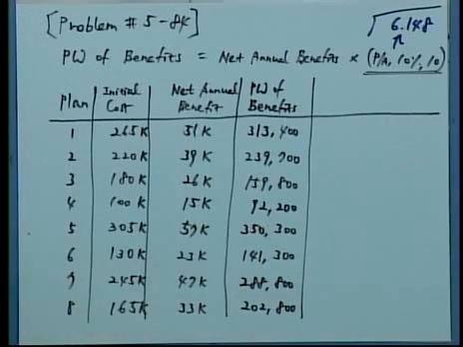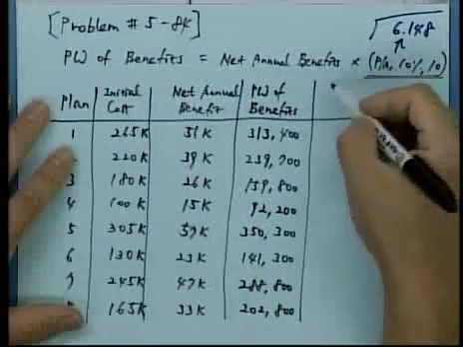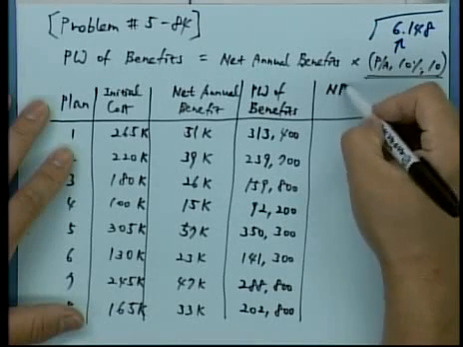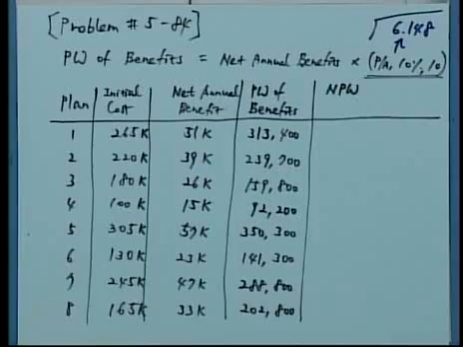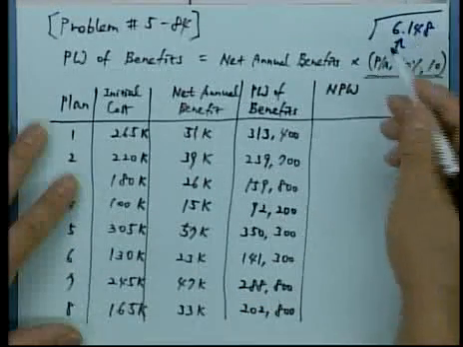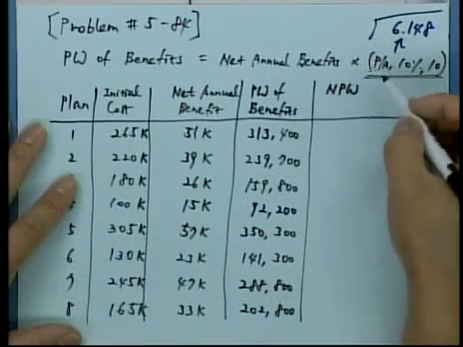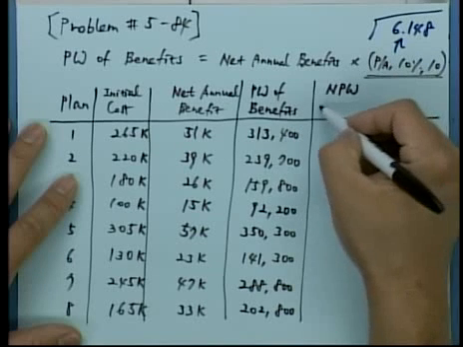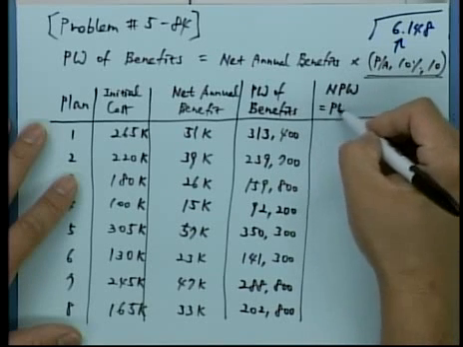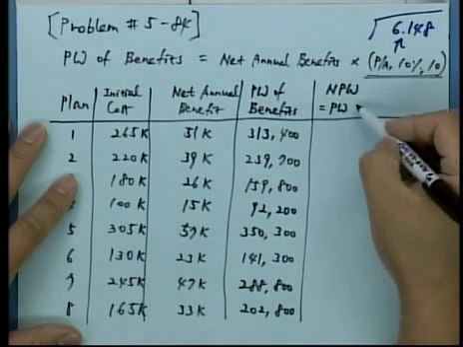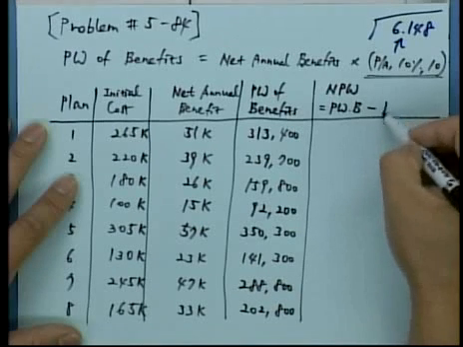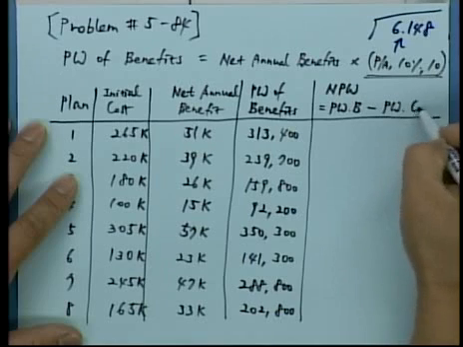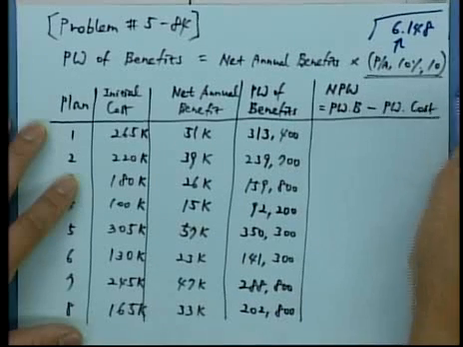And next, what you need to do is to compute net present worth. Net present worth can be computed by present worth of benefit, right, minus present worth of cost. Okay.